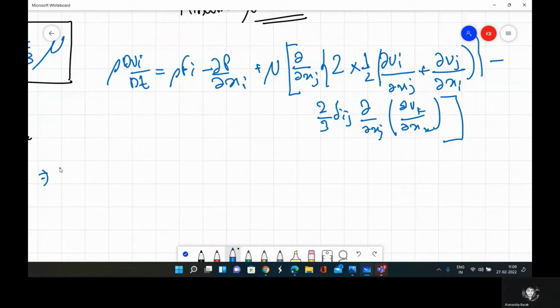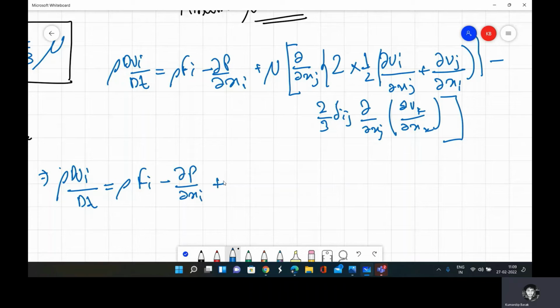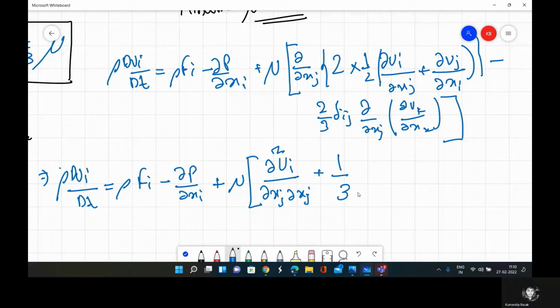What we get is rho dui by dt equals rho fi minus dou p by dou xi plus mu into del square ui by dou xj dou xj part, and another is the 1/3 of del square uj by dou xi dou xj.